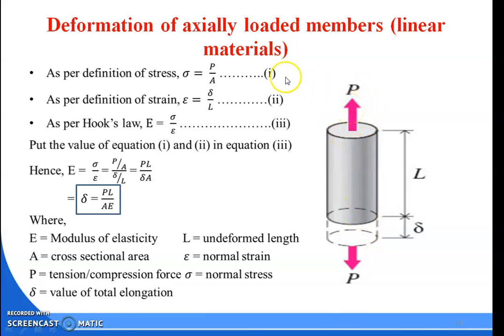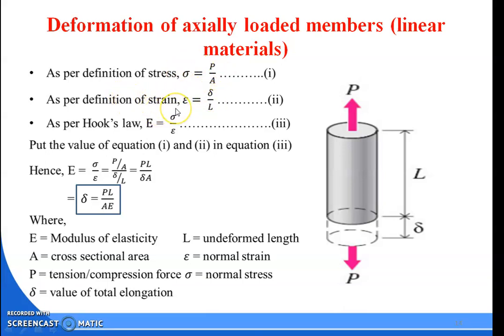Now, as per the stress definition, stress equals force per unit area, correct? This force is defined as P, and A is the area of the body. So the stress value, sigma, equals force divided by area.